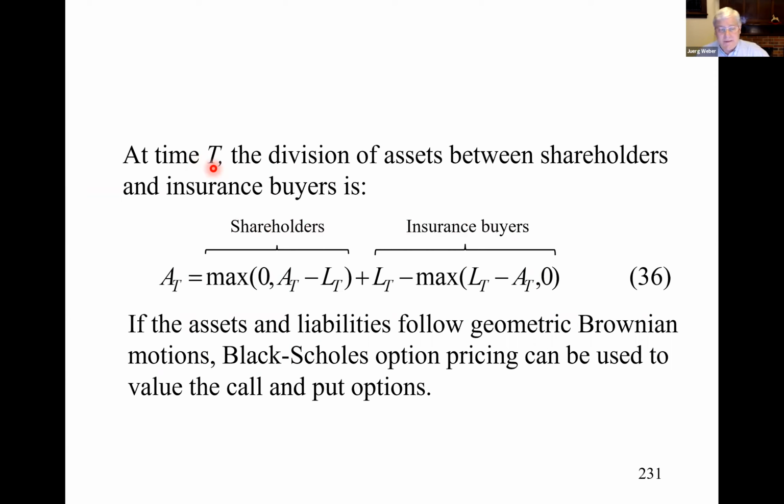The entitlement of the shareholders is represented by a call option, and the entitlement of the insurance buyers has two parts. Naturally, they are entitled to the insurance payouts, but that's adjusted by this put option. They wrote this put option because they assume the losses when the insurance company gets broke. The shareholders don't assume those losses. The shareholders just walk away with 0.